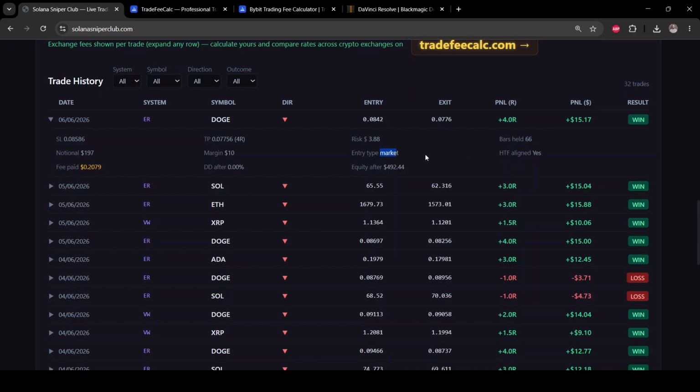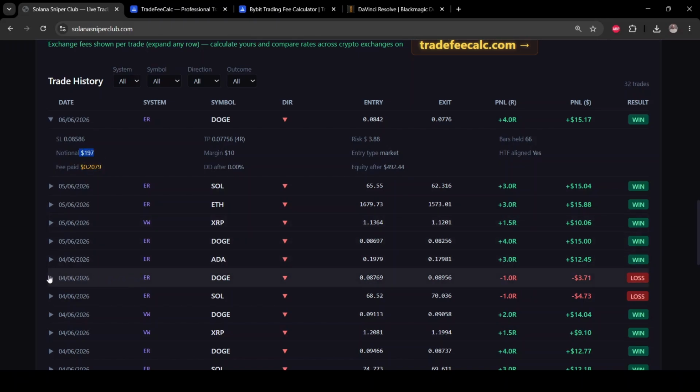This one was a market order. We also have whether the timeframe is aligned, so this should always be yes when the trade is open. We have the margin, the equity after the trade was closed, the total fees paid in the trade, and the notional position size.